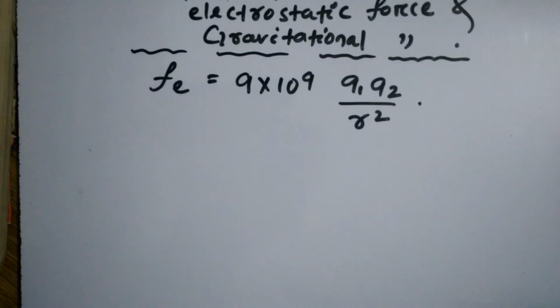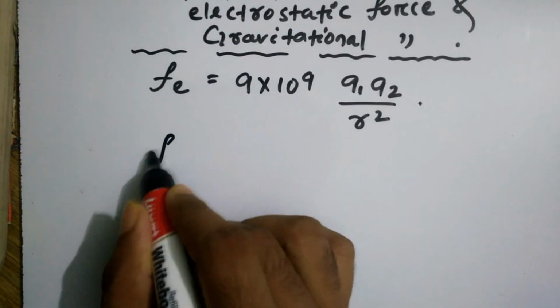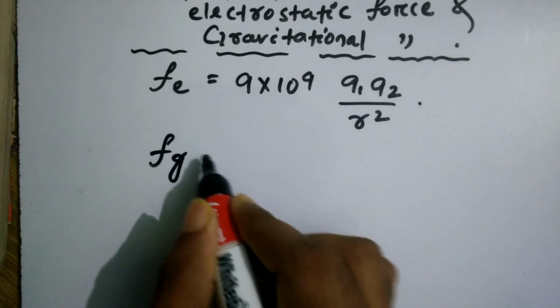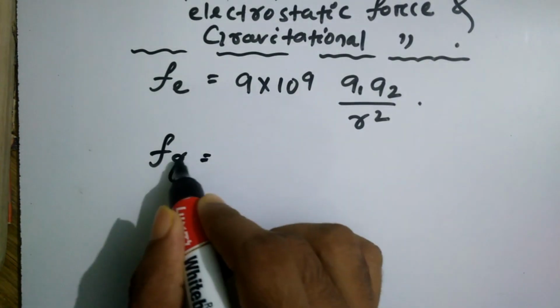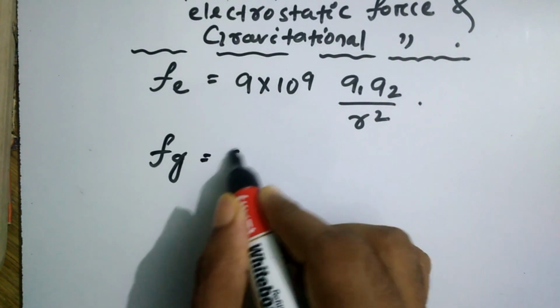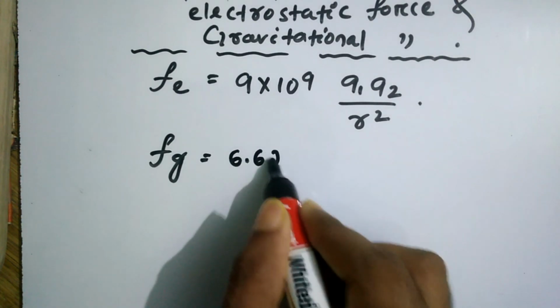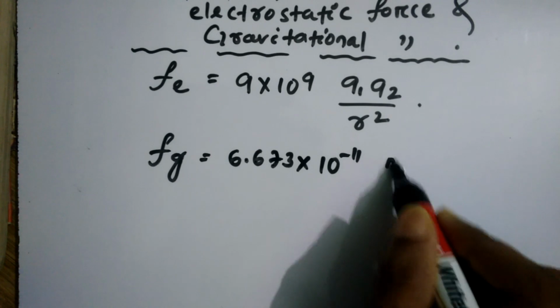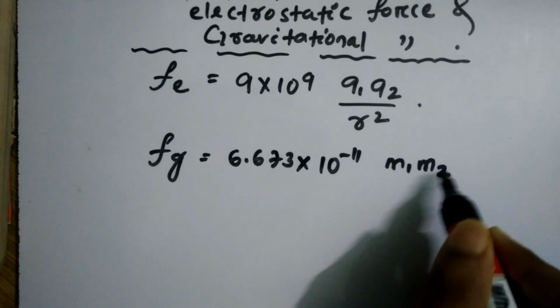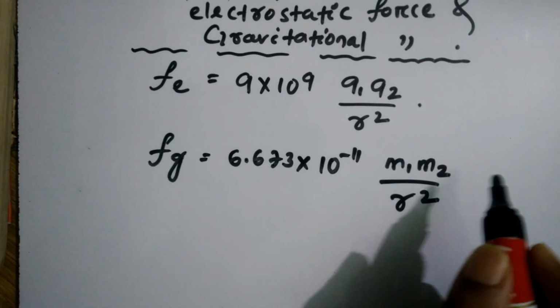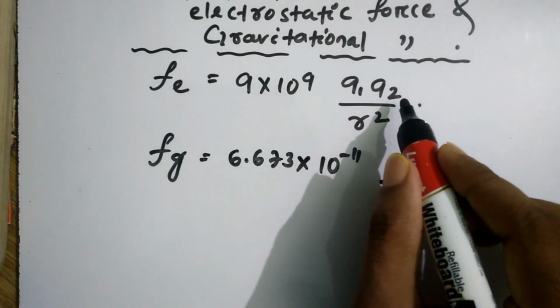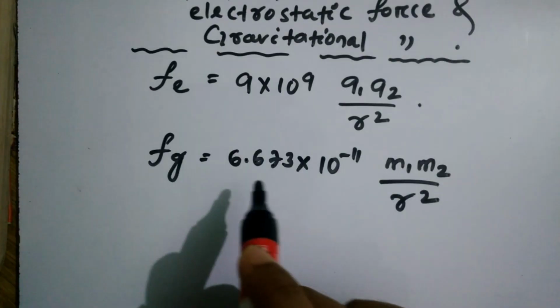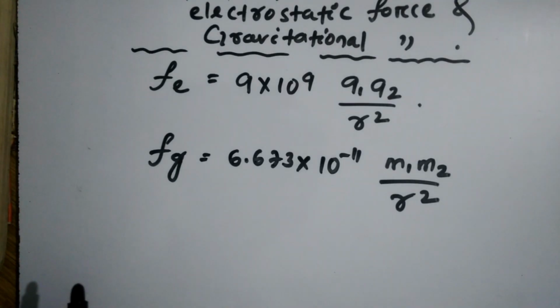Now the gravitational force is denoted by Fg. Its value is 6.673 into 10 to the power minus 11 m1 m2 by R square. This is the electrostatic force and this is the gravitational force.